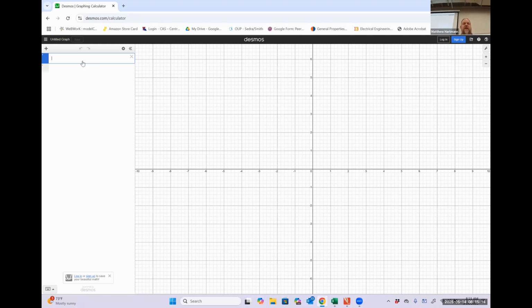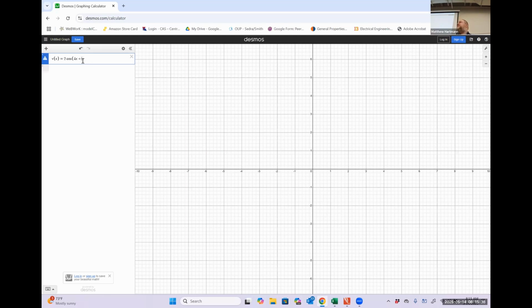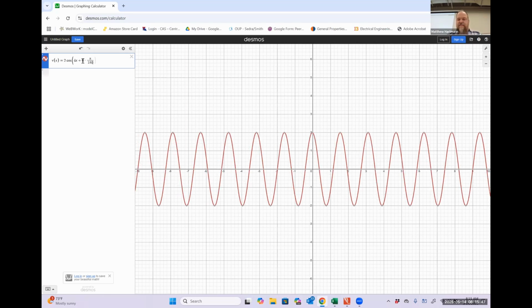So somebody give me a magnitude for my voltage, nothing too wild or crazy. 2 volts, okay? Let's make it cosine. Let's make our angular frequency 4, because it's not going to be anything too crazy here. And then let's make our phase angle. Somebody pick a phase angle. 6 degrees, okay? So 6 times pi over 180.